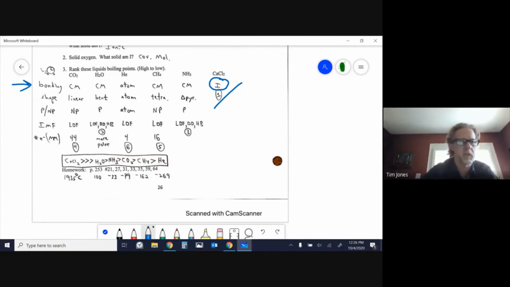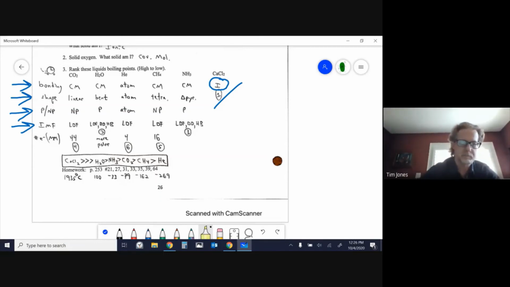Next, you want to look at the shapes, which I have listed. The shape doesn't tell you anything about where it boils, but it gets you prepared to now talk about polarity. So then we did polarity. Polarity itself doesn't tell you about boiling, but that gets you ready to talk about intermolecular forces. And now we can really start getting down to business.